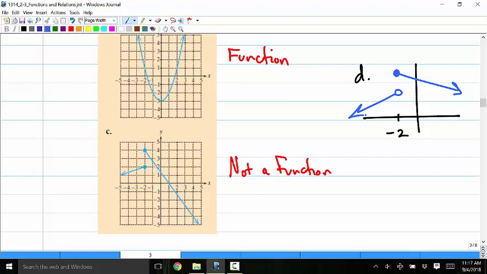My graph looks like this. Is that a function? Yes. This one is a function, because if I drew this vertical line, I would only pass through it one time. That's a hole, right? Yes. So that would pass the vertical line test. That is a function.